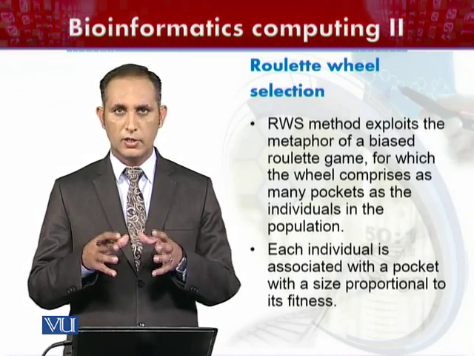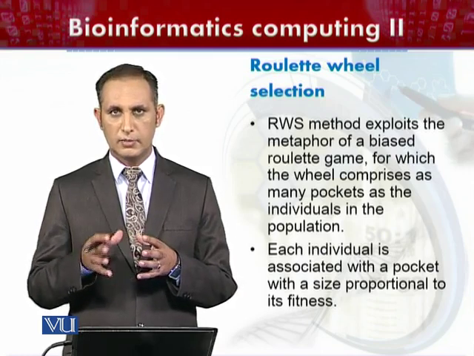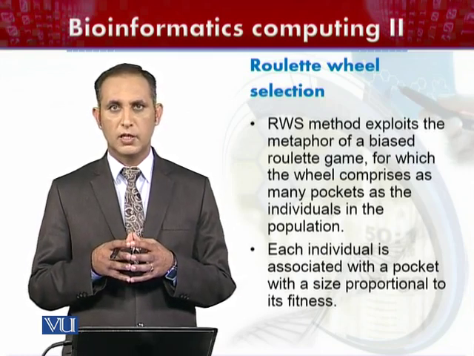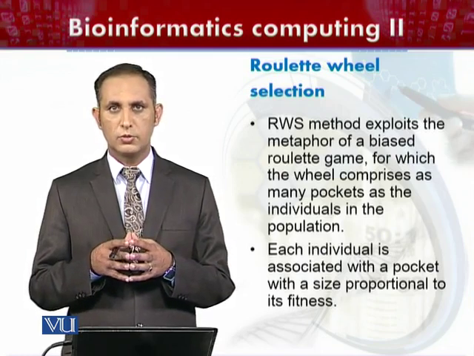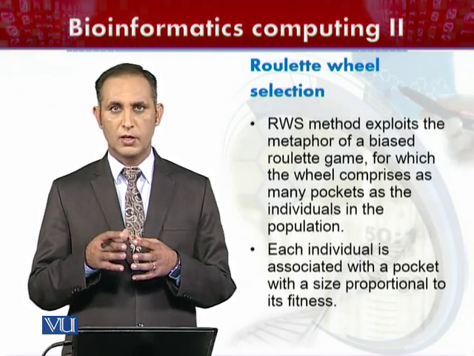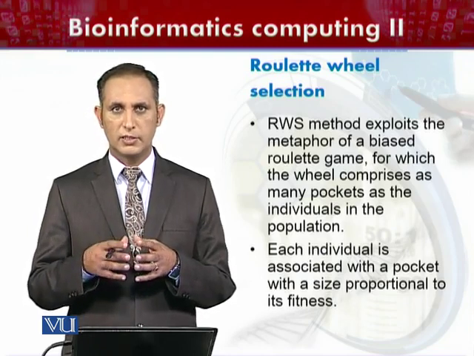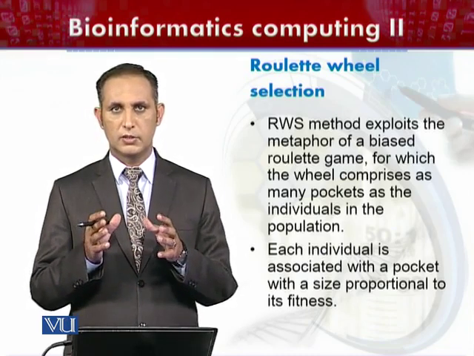The wheel is designed in a way that it has as many pockets as the number of individuals, but the size of the pockets varies according to the fitness of different individuals in that specific population.